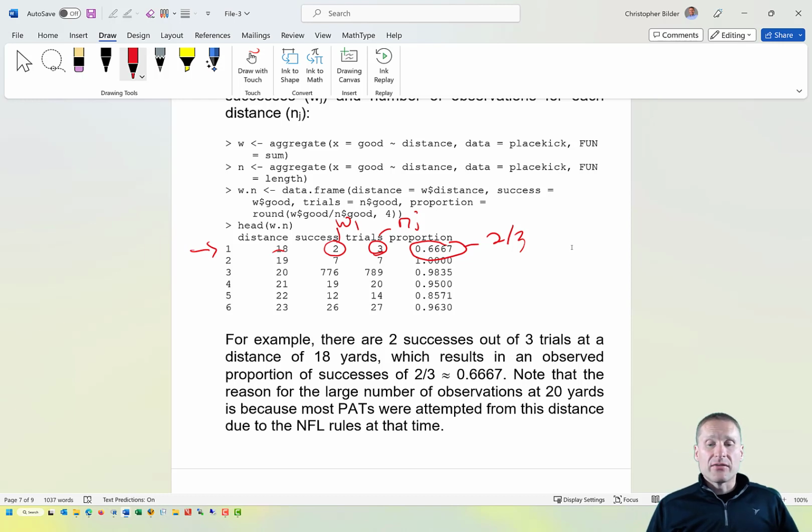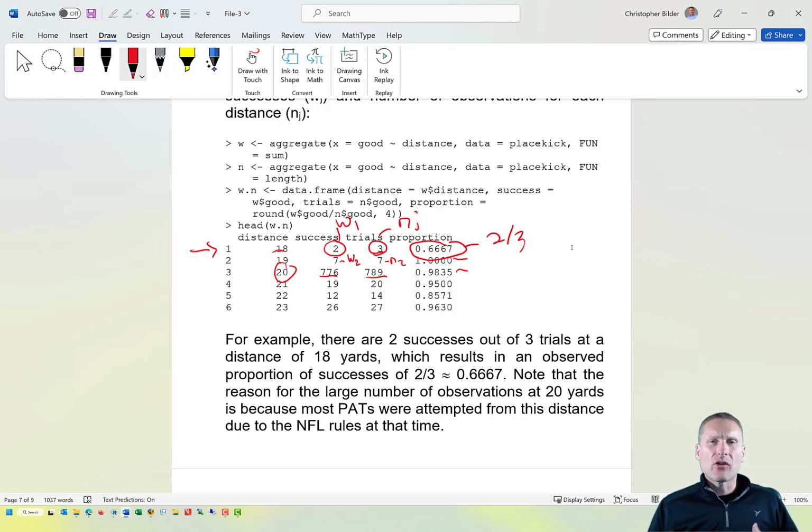At a distance of 19 yards, I had 7 successes, so that would be W2. I have 7 trials, that would be my N2, so there were 7 kicks at 19 yards, and I observed all successes, so my estimated proportion of successes was 1. At 20 yards, notice I had 776 successes out of 789 trials, so an estimated proportion of about 0.98.